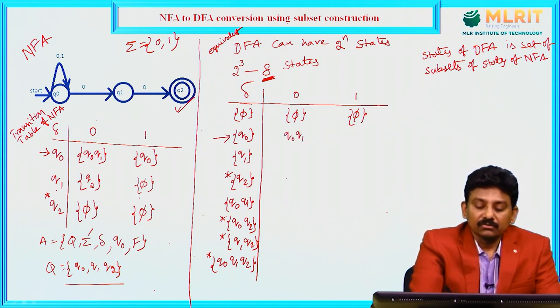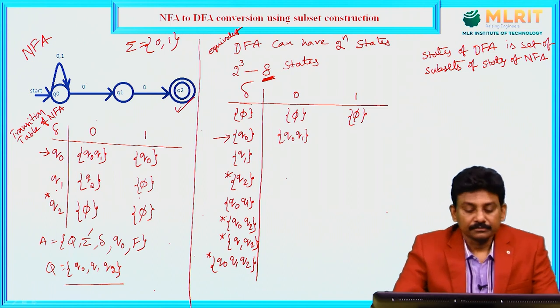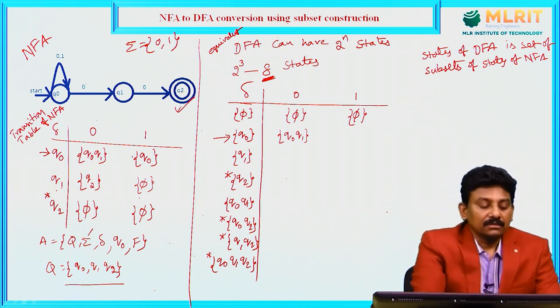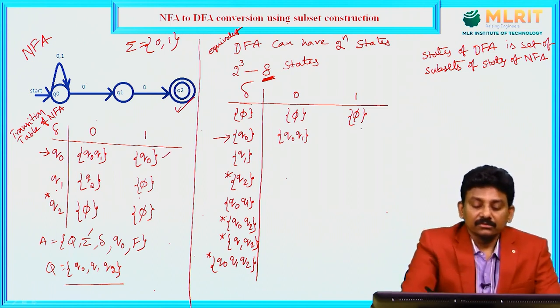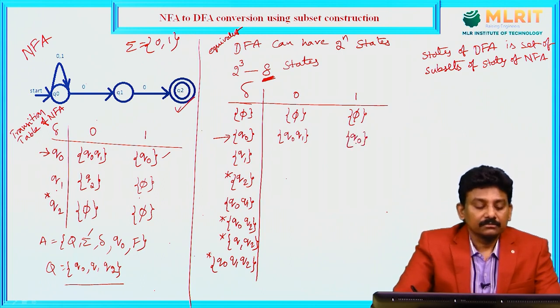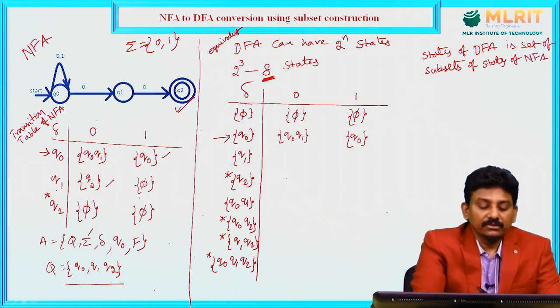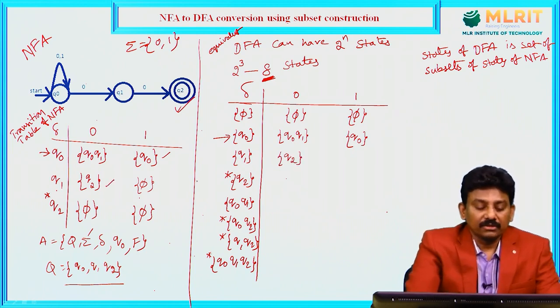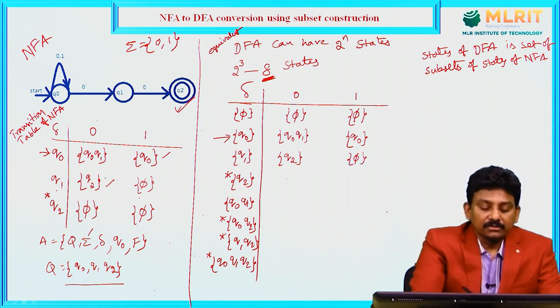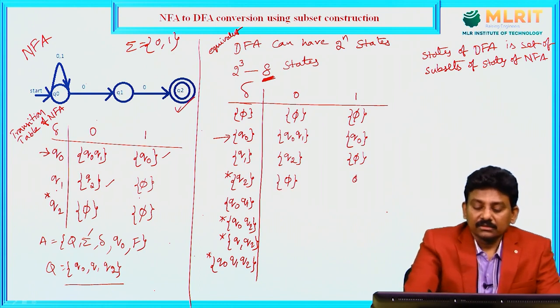Q0 on 1 goes to Q0. Next Q1. Q1 on 0 goes to Q2. Q1 on 1 is null set, phi. Q2 on 0 is the null set. Q2 on 1 is the null set.